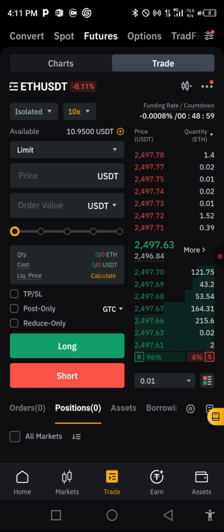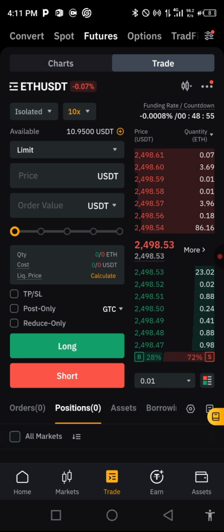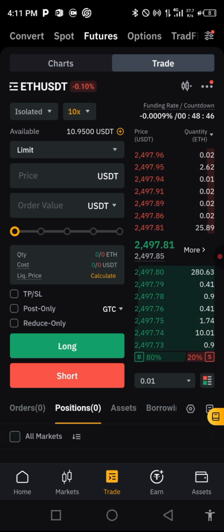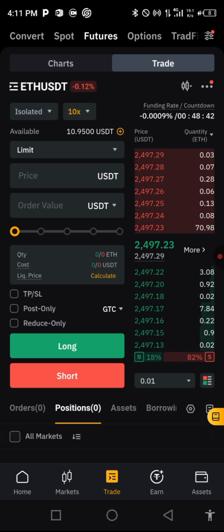Now a buy limit order simply says, okay, let's take for instance the price of Ethereum now is at $10, right? And you're like, based on my analysis, the price is going to come down to $7.